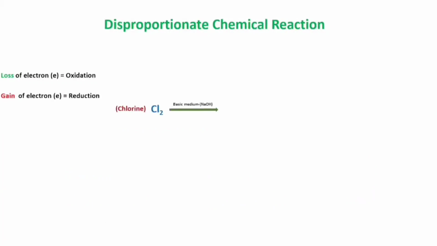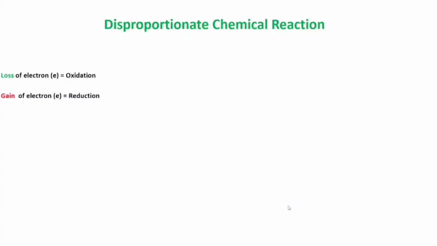Our next example is chlorine. When chlorine in basic medium decomposes into chloride and chlorate anion, then chlorine is undergoing disproportionation. The oxidation state of chlorine on the reactant side is 0, but on the product side in chlorate anion, it is in +5 oxidation state.